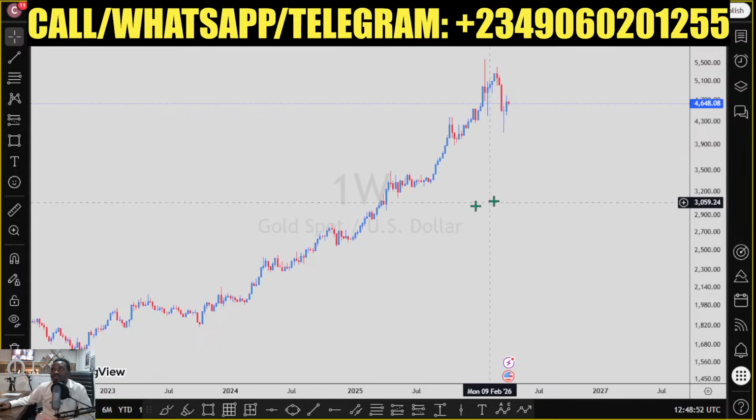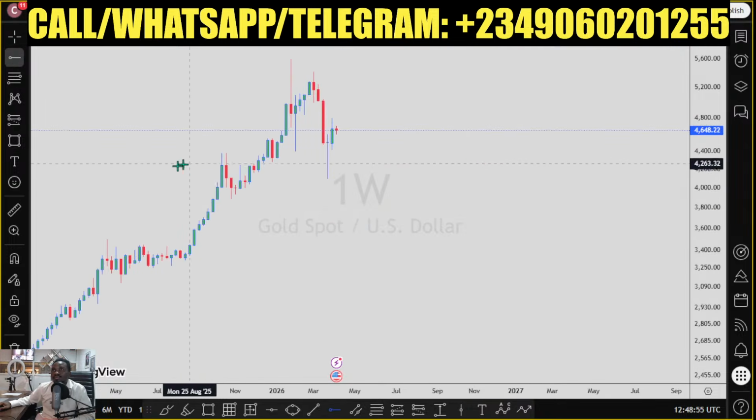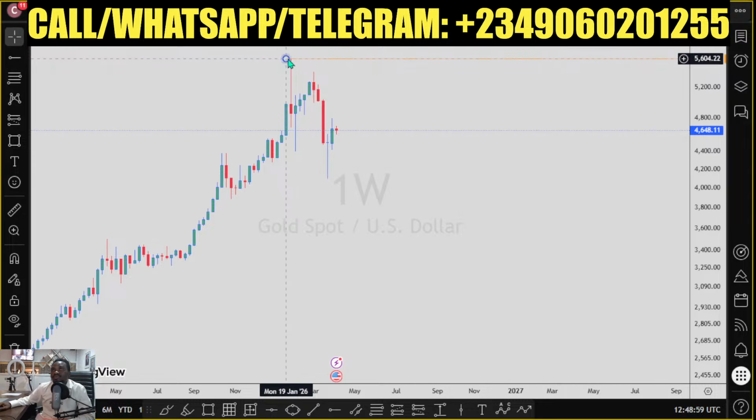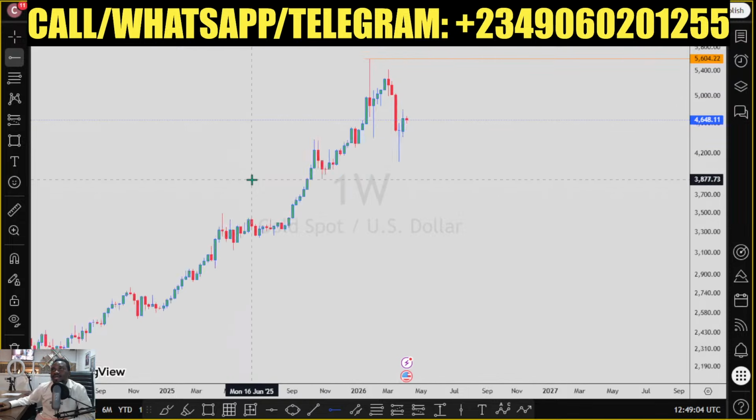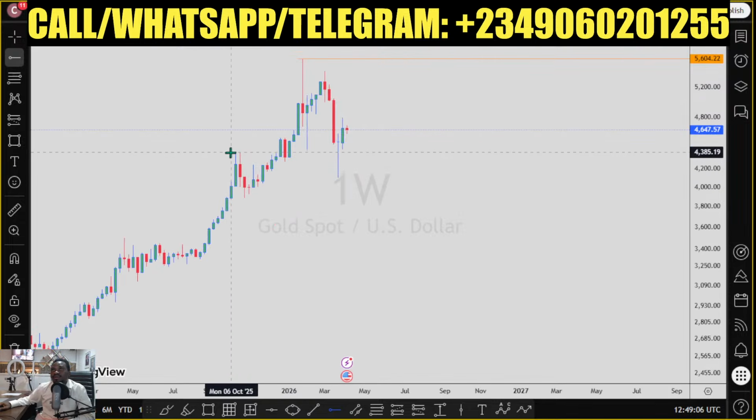So now on the weekly chart of gold, this is our peak, undefeated peak. On the weekly chart, our identified break of structure comes in at 4,385.